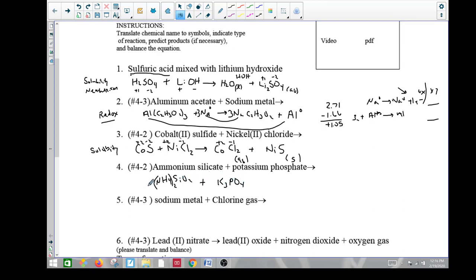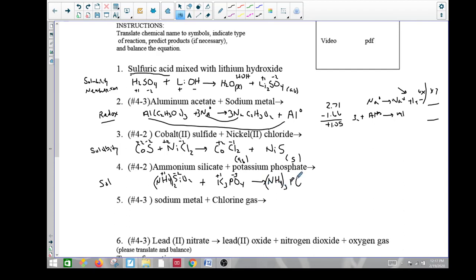All right, again, cation anion, plus 1 minus 2, plus 1 minus 3. This is a solubility reaction. Therefore, my potential products are ammonium, right? And this guy is going to be a 3 here, and it's going to be the phosphate.